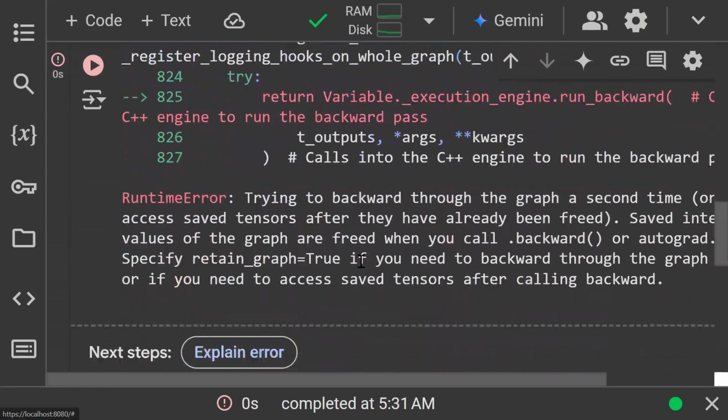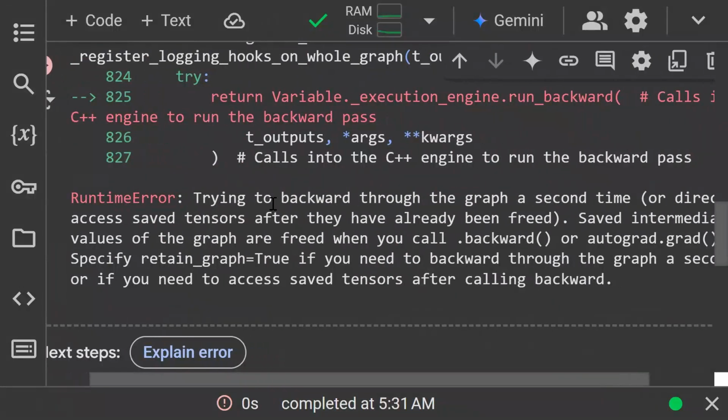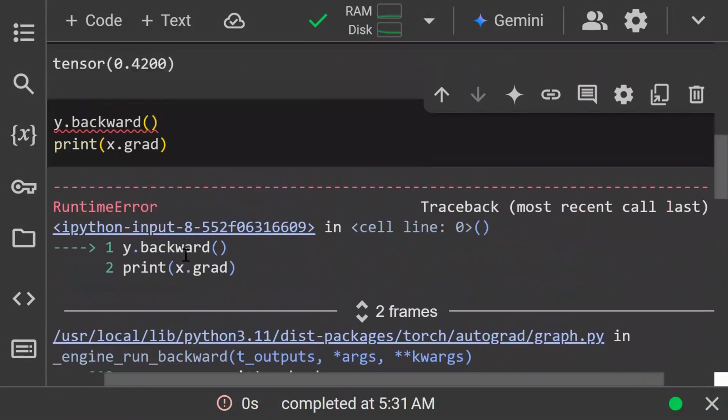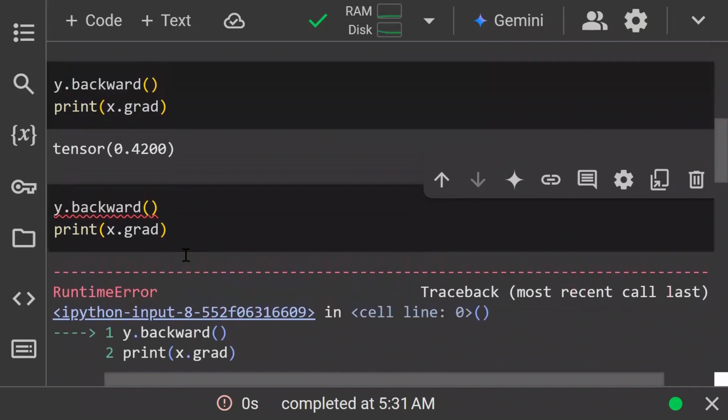If you go down and read the error, it says trying to backward through the graph a second time. It's impossible because the graph has already been destroyed. And it even suggests a way of fixing that problem, which is the retain_graph=True option.